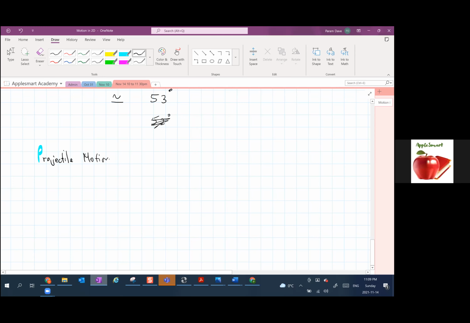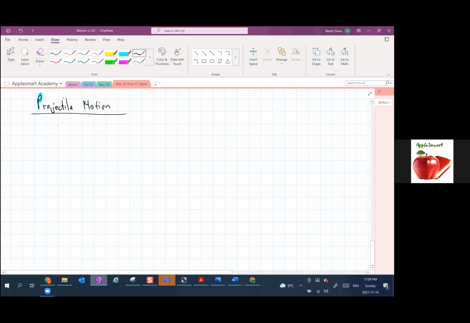So you have this person kicking the ball. Let's say the ball is originally placed at the origin over here. So X and Y, this is where the ball is placed. And the person, let's say, kicks the ball in that direction. Let's say he kicks it with an original speed of VI, and that angle is also given.